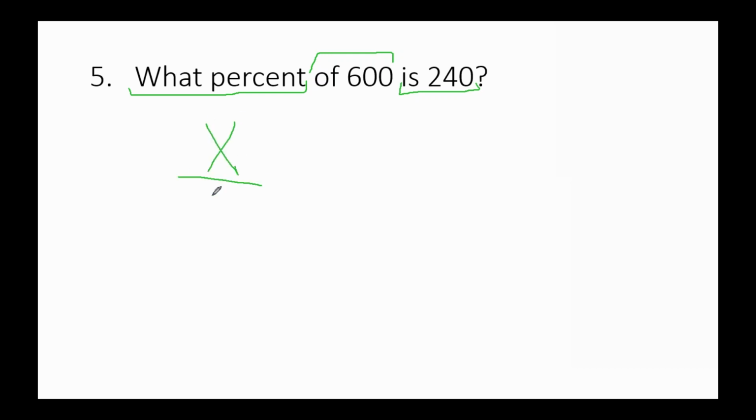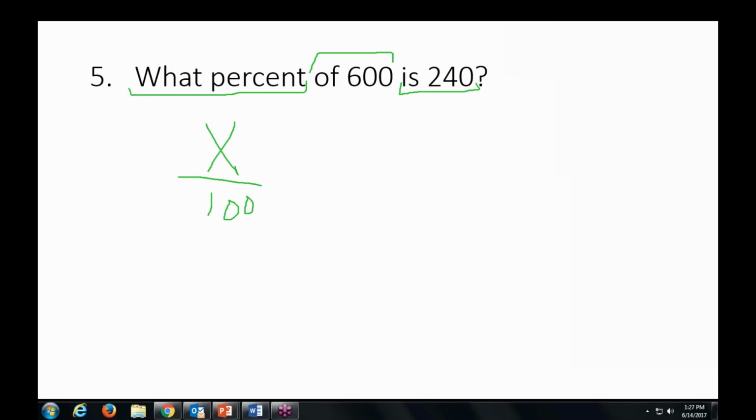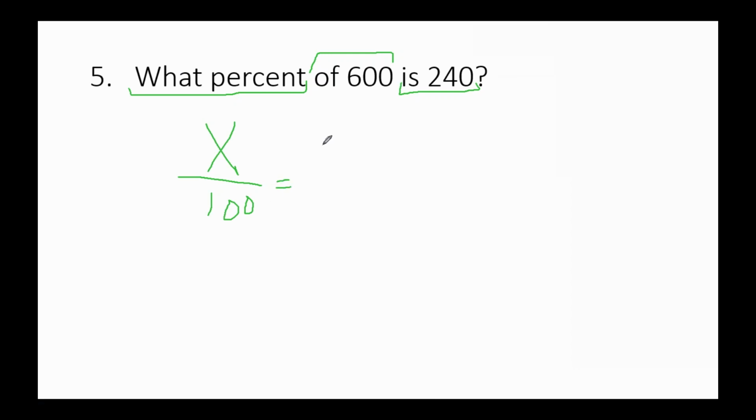What percent gives you x over 100? I don't want to go too fast, but I don't want to go too slow either. Is goes on the top, right? Is represents the part, of represents the whole. So part over whole. Then we cross multiply, and it does come out nicely.